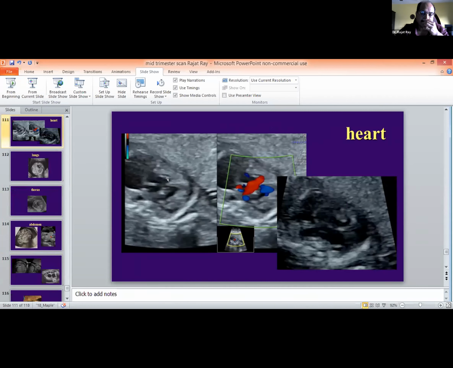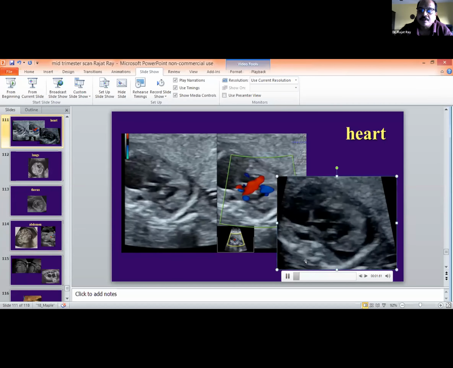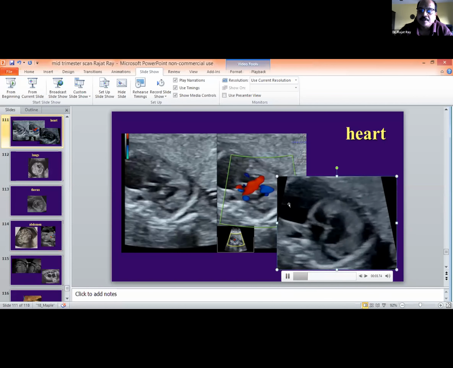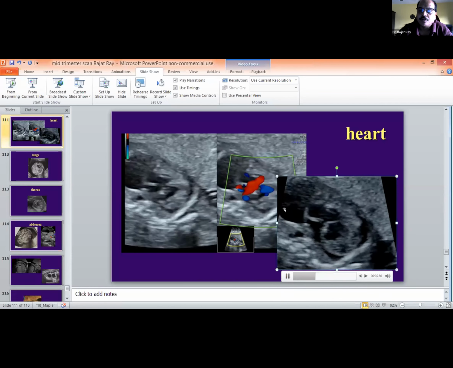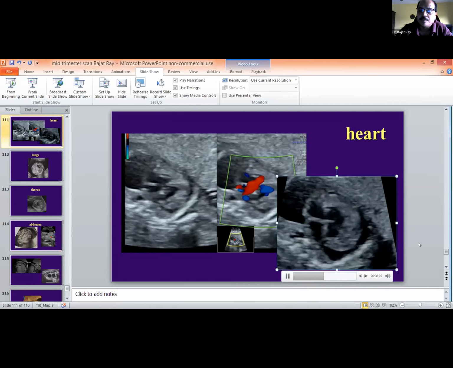In the heart, we are not seeing the crux here, it is not closing, so it is a defect in the crux. So you are seeing the heart. Beyond the heart, you are seeing a lot of fluid. There is a significant pericardial effusion.